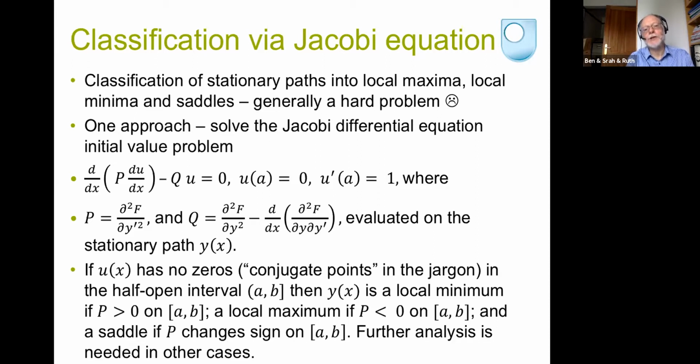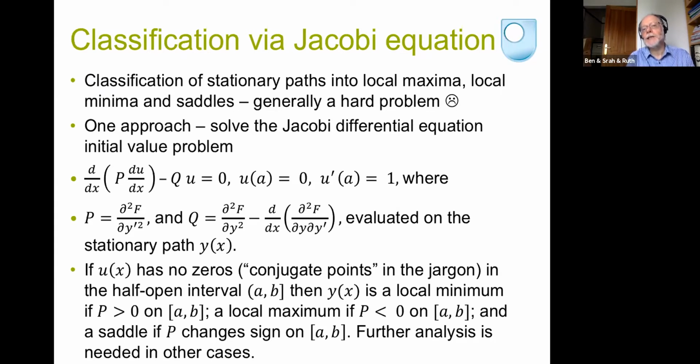There are various approaches. And the one we particularly stress in the module is solving the Jacobi differential equation, which is an auxiliary differential equation that comes from the functional and also the stationary path. So I've written out in front of you the Jacobi differential equation.